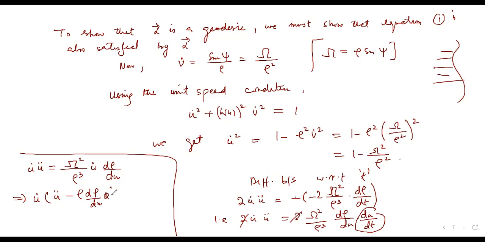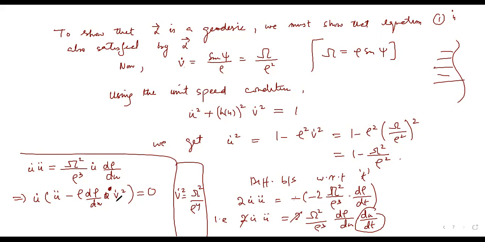Let me first write v dot square like this, is equal to 0. Here I used v dot is equal to omega by rho square. So you have got v dot is equal to omega by rho square. So v dot square is equal to omega square by rho 4.